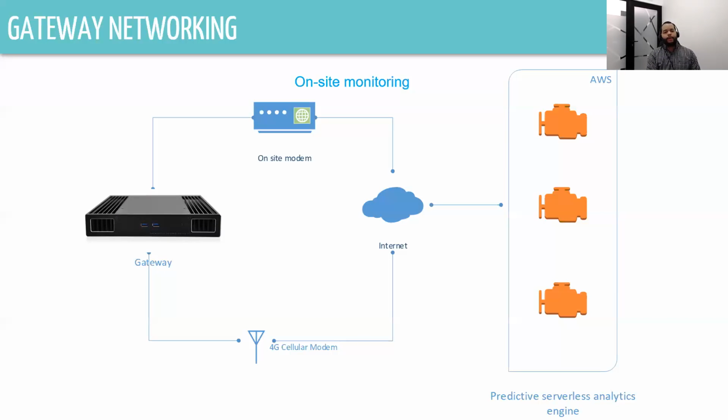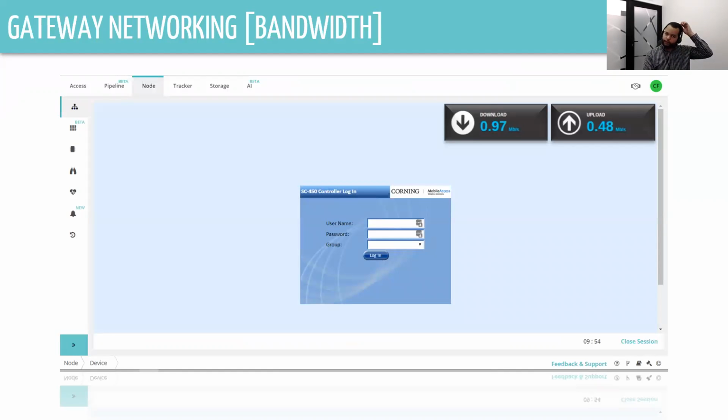Let's talk about bandwidth. One of the features that we do support on the gateway appliance is what is called a native interface tunnel. This tunnel allows the device to be monitored and also accessed by the technician or the user using the predictive dashboard. You don't need to have a port forward in the site in order to do this.